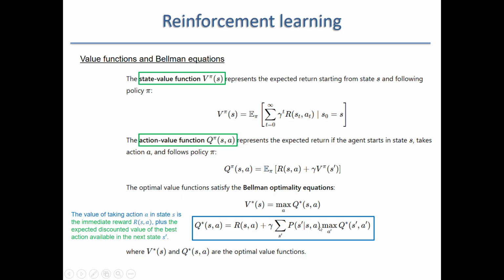I think it is better described here: the value of taking action A in state S is the immediate reward plus the expected discounted value of the best action available in the next state S prime. And then we have these probability transitions, because we can have a state, but the next state according to our action may also be random, and that is why we have here a probability distribution.